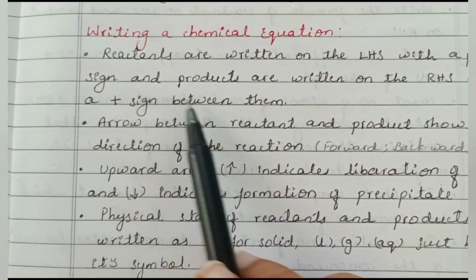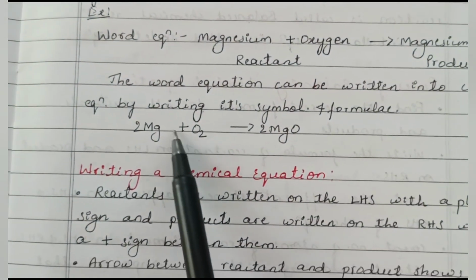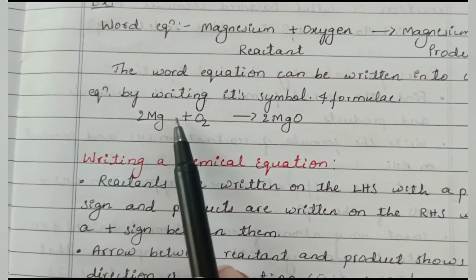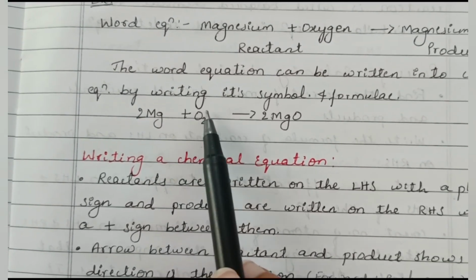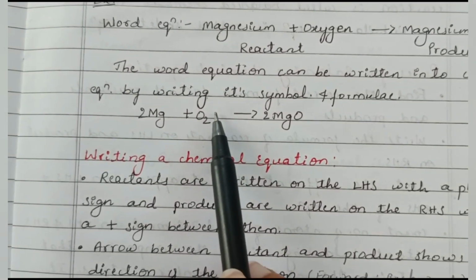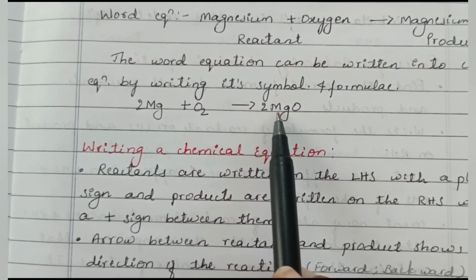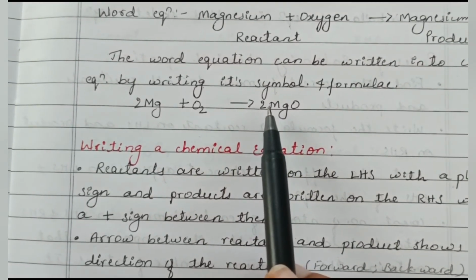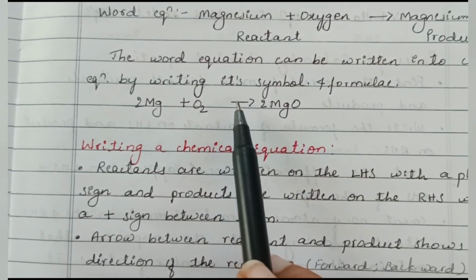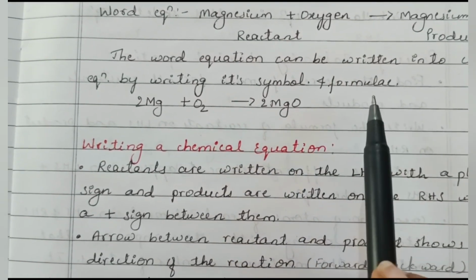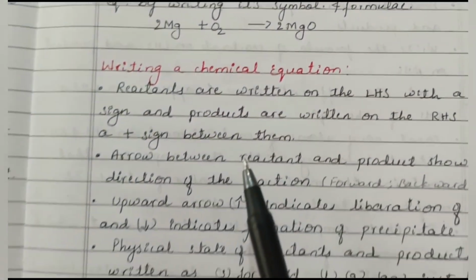You see the above equation, activity 1. Reactants are magnesium and oxygen. So Mg plus O2. If one more reactant is there, plus that reactant. Left hand side. And the product on the right hand side. Here it is MgO. If one more product is there, plus that product we have to write.